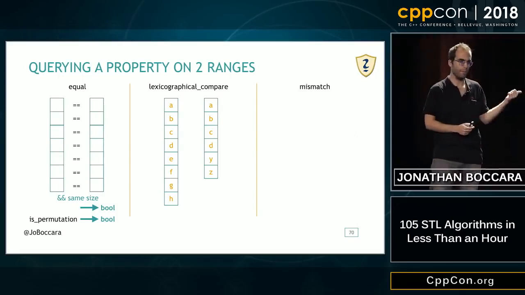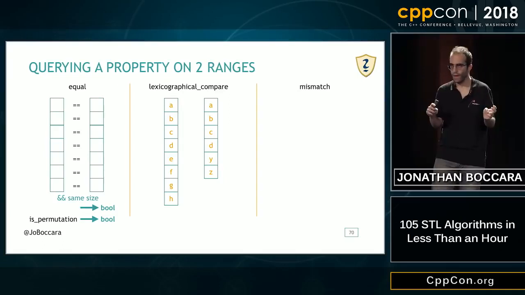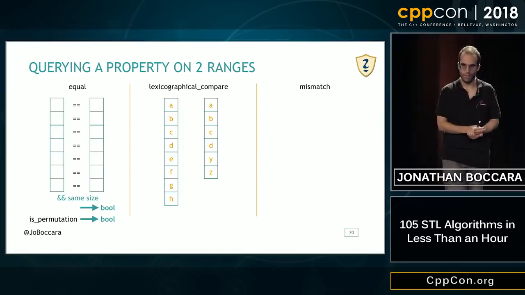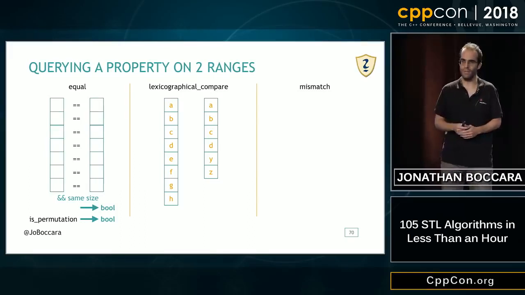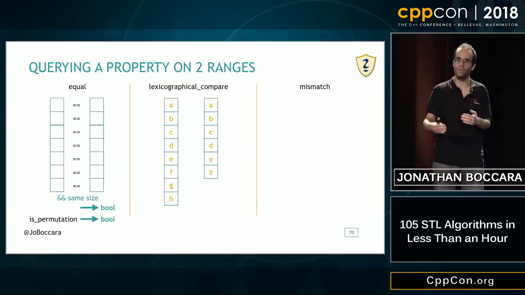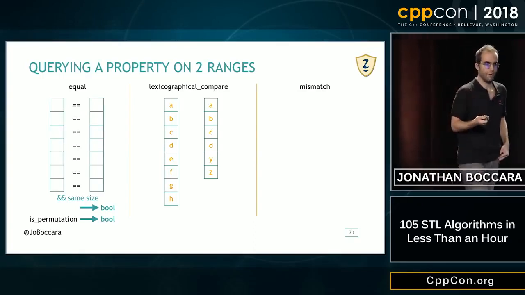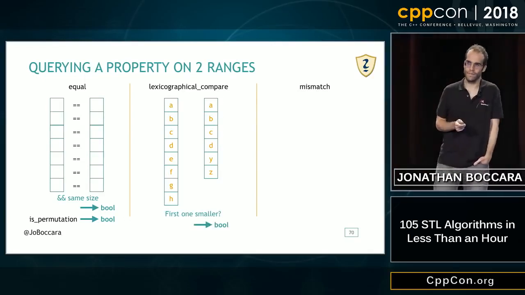You can see on this example that the left collection is smaller than the right one, if they were in a dictionary. Even though it's longer in terms of size, it would come before in a dictionary, and that's what lexicographical compare returns in the form of a Boolean.